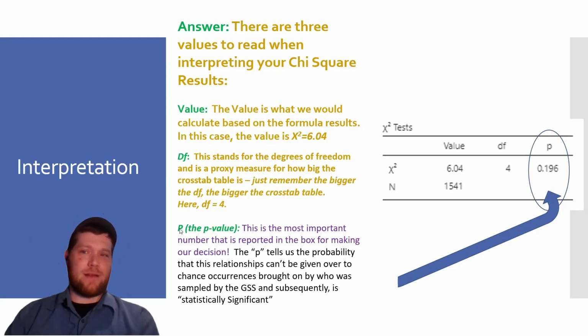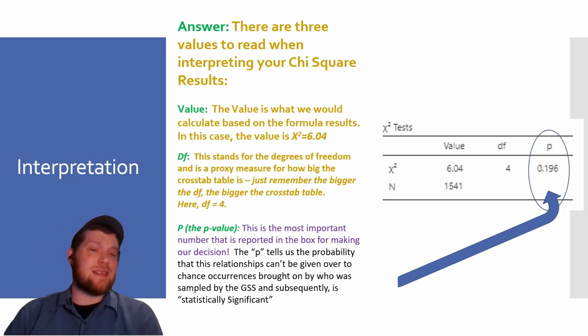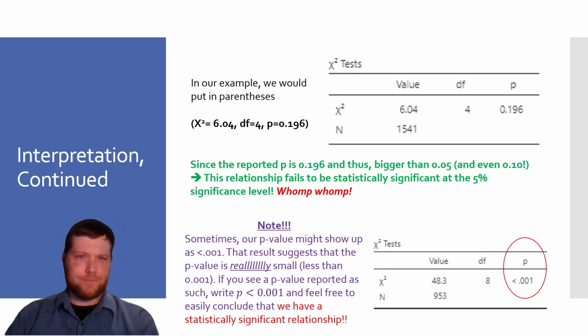The p-value then is the last part, and this is the most important part. It reports the basis for making our decision. The p-value tells us the probability that the relationship can be explained by chance occurrences brought on by who was sampled in the GSS, and subsequently whether it is statistically significant. So in our example, we want to put in parentheses, chi-square is equal to 6.04, comma, degrees of freedom is 4, p-value 0.196.